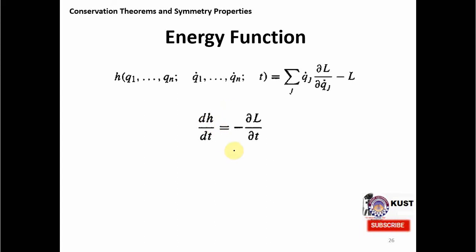I leave it to you as an exercise to prove that this is actually a generalized version of energy conservation, and that this H can be shown to be the total energy of a system in the usual procedure.